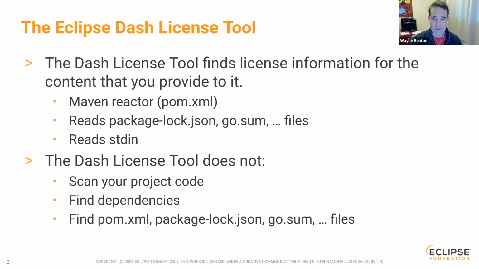It doesn't really help us at all with C and C++, because there's no package manager, there's no dependency list as far as I'm aware. As we encounter new technologies, we sort out how to deal with them. And if you have more insight into a particular technology and how the dependencies are determined for that technology, I would love to hear from you.